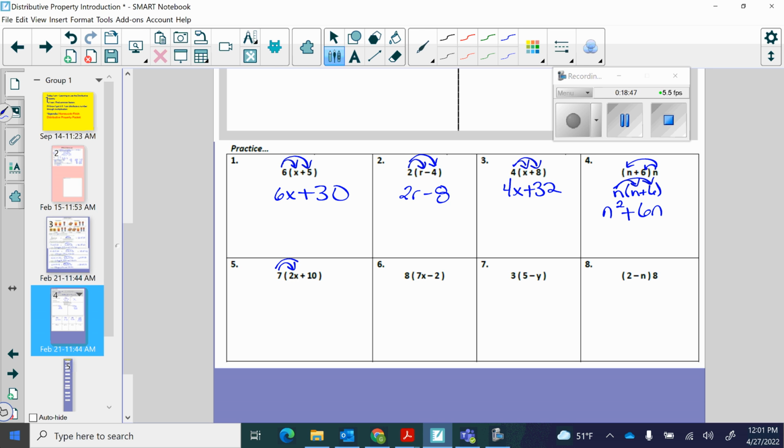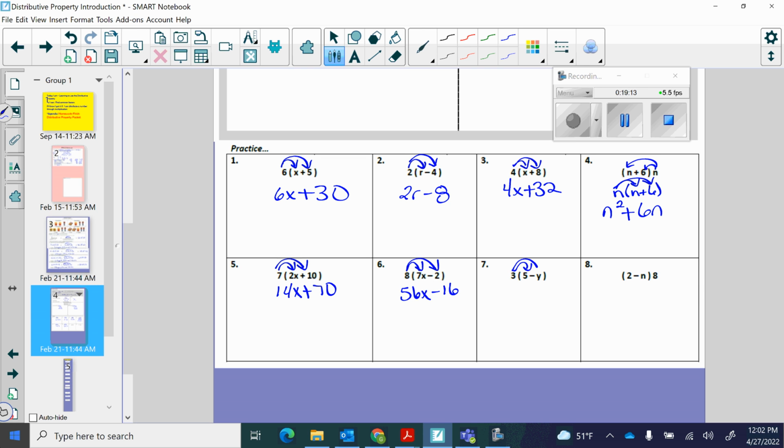I'm distributing my 7. So 7 times 2 is 14x plus 7 times 10 is 70. 6, I'm distributing the 8 to both terms, so 8 times 7x, 56x, minus 8 times 2, 16.